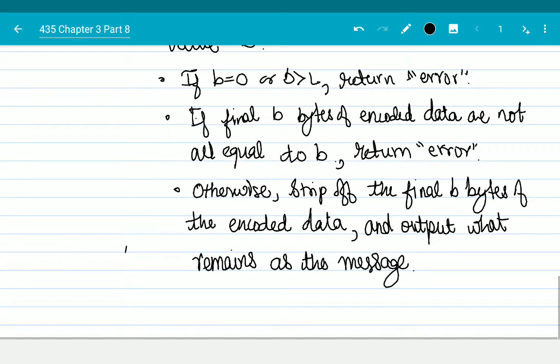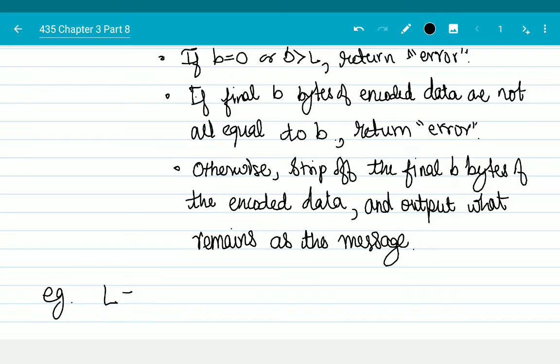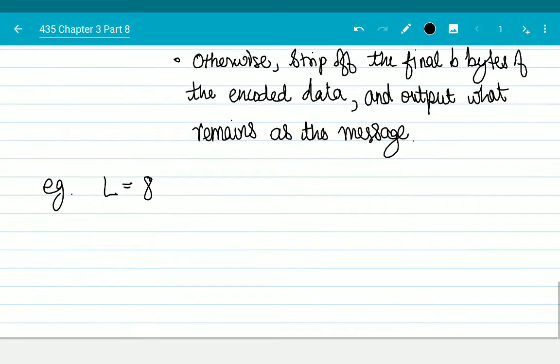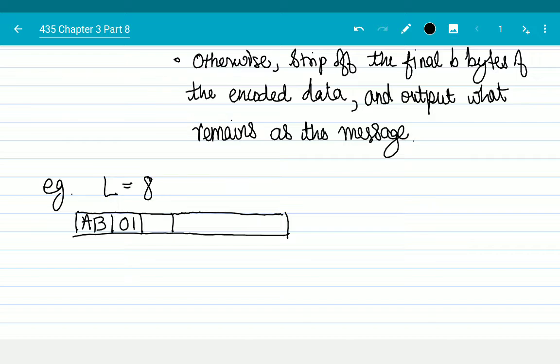So for example, if I was using L equal to 8, then I have some long message, blah blah blah, and the final bytes look like this: AB 01 4F 02 01 00 7C.